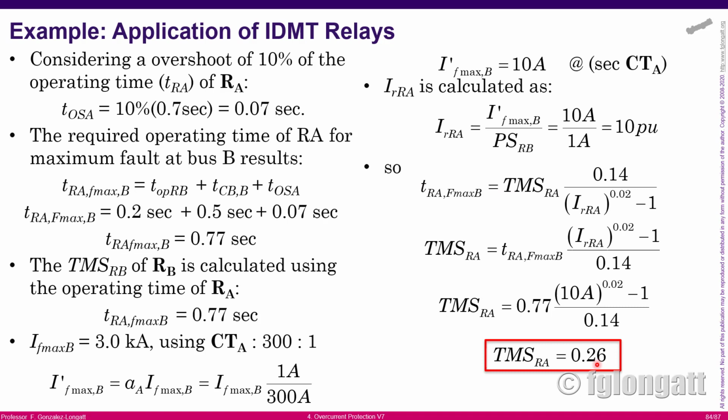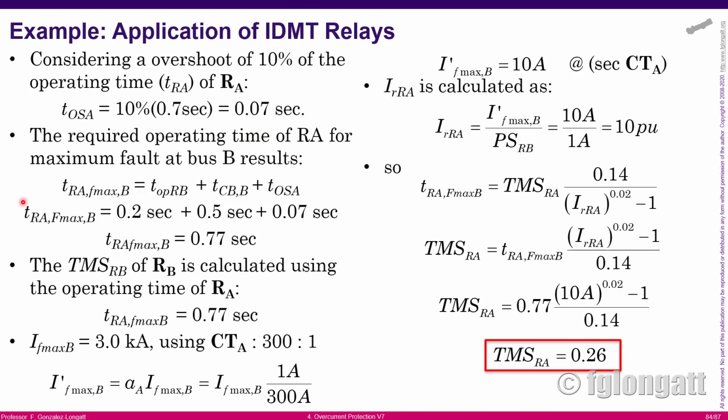However, for safety, we are adding a 10% overshoot, okay? What I'm trying to say is that we are adding 10% overshoot to allow 0.7 seconds delay between the time that relay B is supposed to operate and the time that relay A will provide the backup protection, okay?